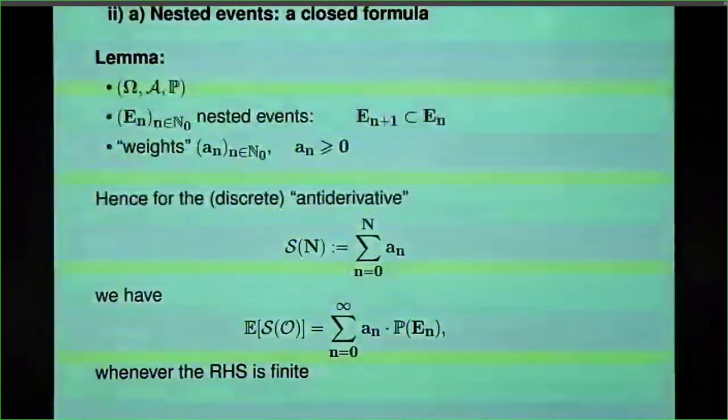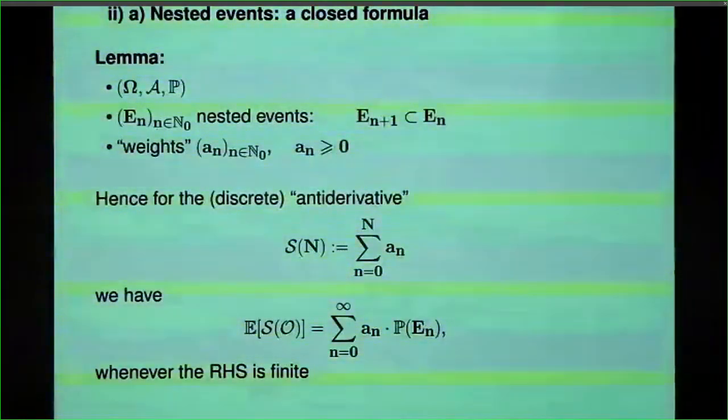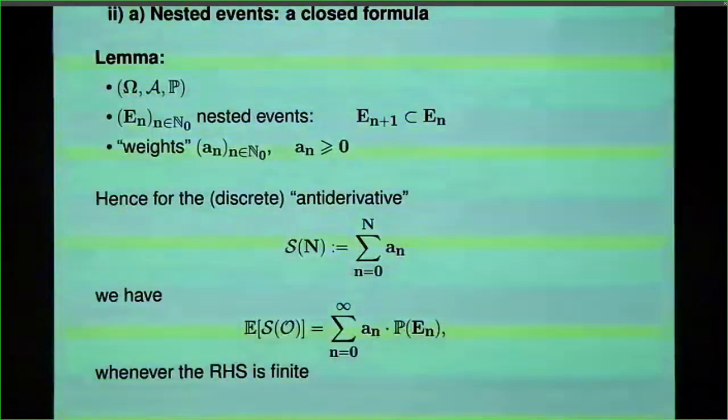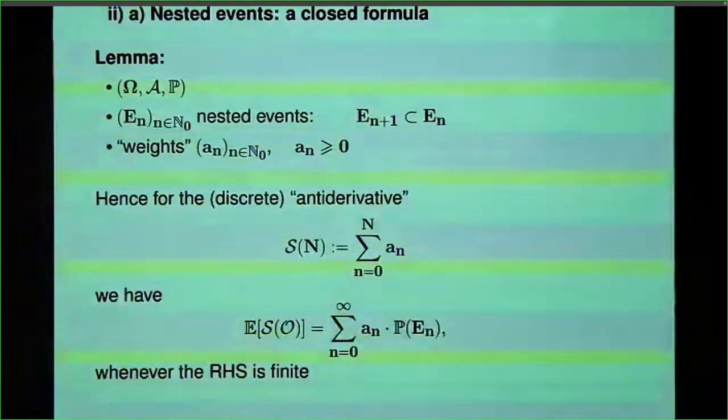So, the good news is we start with the nested case. So we have that the next event is always included in the previous one. We have some kind of weights, and we define just some kind of sum of the sequence, and this is just, so to say, the discrete antiderivative.